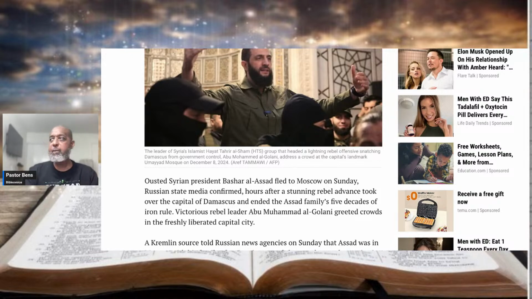Let me put that in the chat real quick so that if you want to study this. I just don't have time to go into a whole study right now on the difference between Shia and Sunni. Look up the differences between Shia and Sunni.